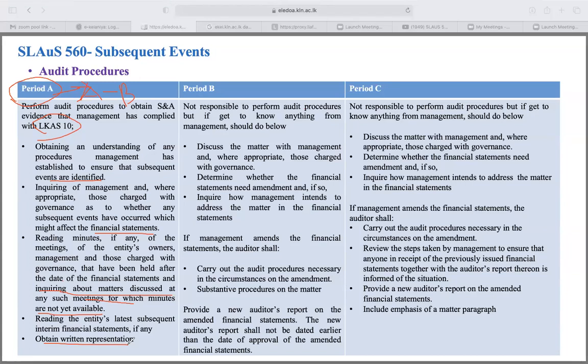You can also read the entity's later subsequent interim financial statements. And lastly, you can obtain a written representation, because between this period you have still not issued your audit report. That means you can still perform audit procedures and gather evidence, right?